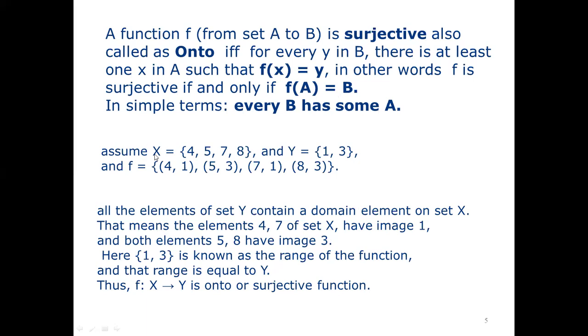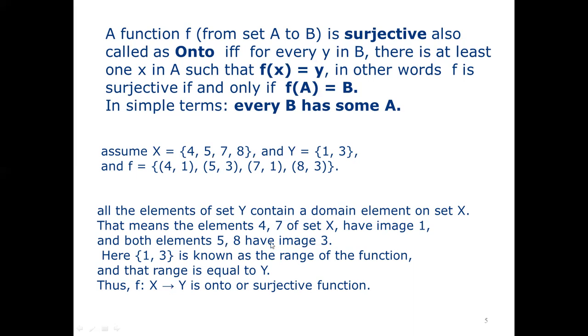For example, x is the set 4, 5, 7, 8 and y is 1, 3. Suppose this is the output given: 4 is pointing to 1, 5 is pointing to 3, 7 is pointing to 1, 8 is pointing to 3. So here all the elements of set y, 1 and 3, contain a domain element in set x.